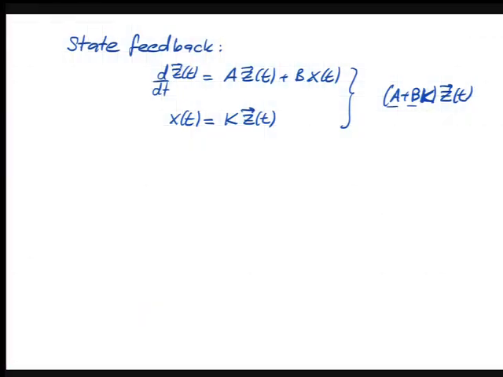Yeah, but look at the, yes, I mean, you're all to some extent right, but look at the structure of the control. What does that tell you? Input is K times Z of t. What is K here? Gain or gains? Z is a vector, right?